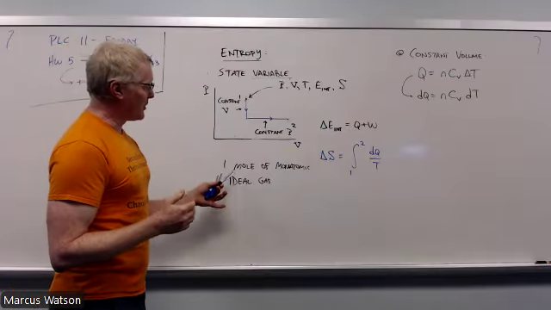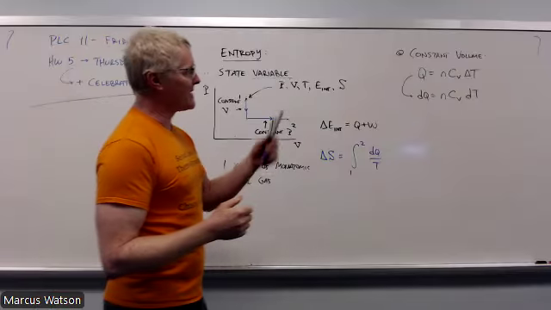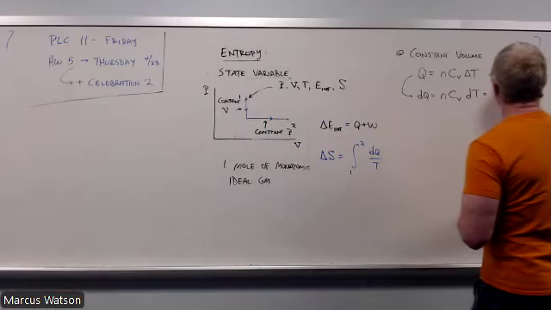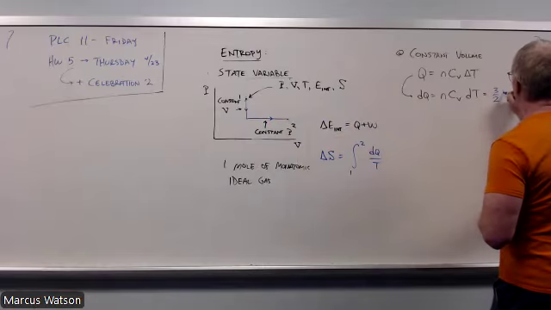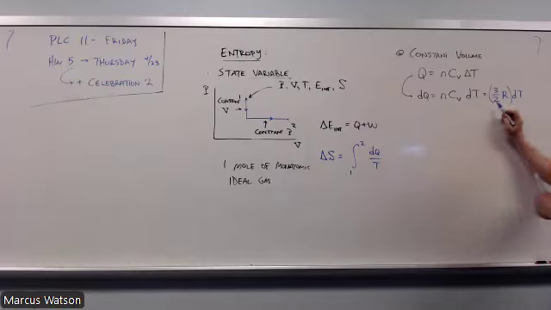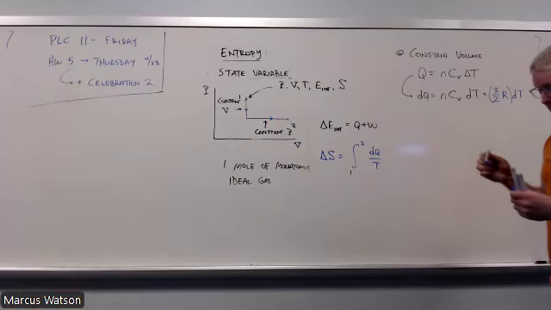Knowing that I have 1 mole of a monatomic ideal gas, I can rearrange this to essentially just 3/2 R dT. You can see that this 3/2 R is just a constant.